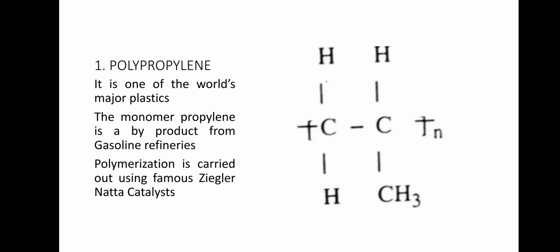First, thermoplastic polymers: polypropylene. It is one of the world's major plastics. The monomer is propylene, a byproduct from gasoline refineries. Polymerization is carried out using the famous Ziegler-Natta catalyst. Propylene has the formula C3H6, with a CH3 group.